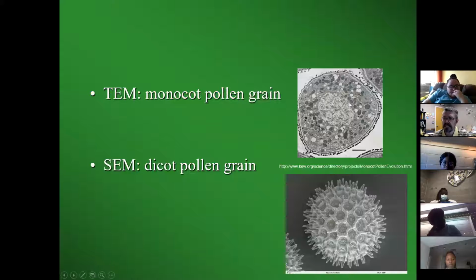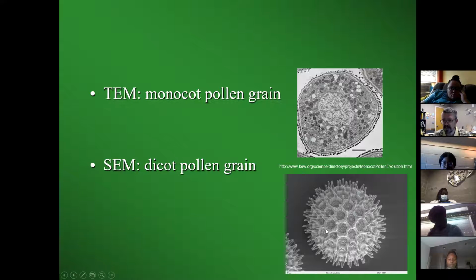So here's what a TEM might look like of a monocot pollen grain. You can see that they've taken it and sliced all the way through, and you can actually see inside. And very cool, you can actually see little bits of the components of this pollen grain. Now down here, we've got an SEM of a dicot pollen grain, and this is the outer part.